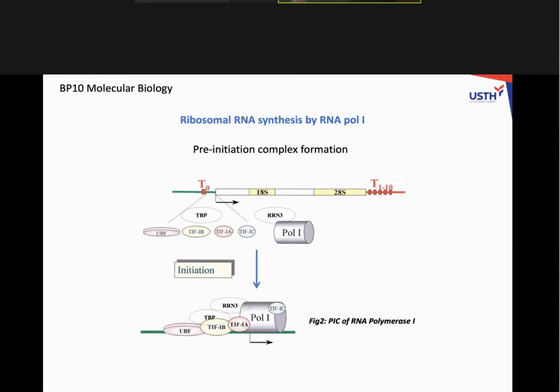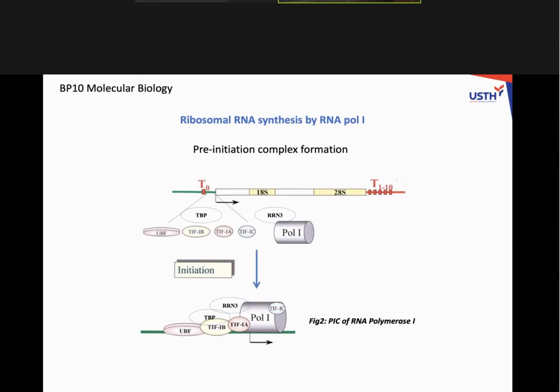So this is a common feature between pol 1 promoter and pol 2 promoter: the presence of the TATA box, and therefore the involvement of this protein, the TATA box binding protein. Is it okay? This is just to show you, because after we can make a comparison between the structure of pol 1, pol 2, and pol 3 promoters, just to have an idea about the differences.